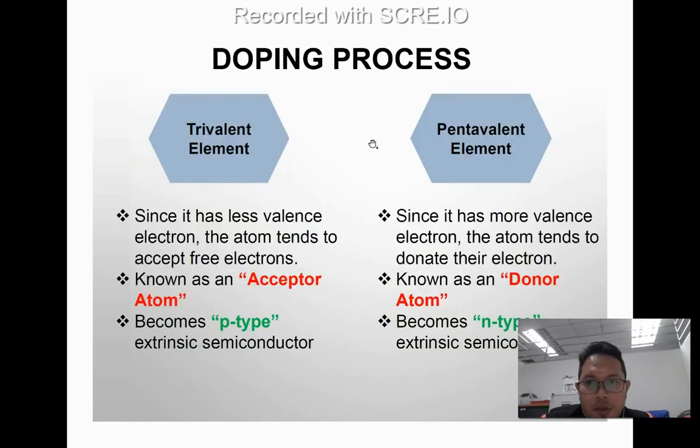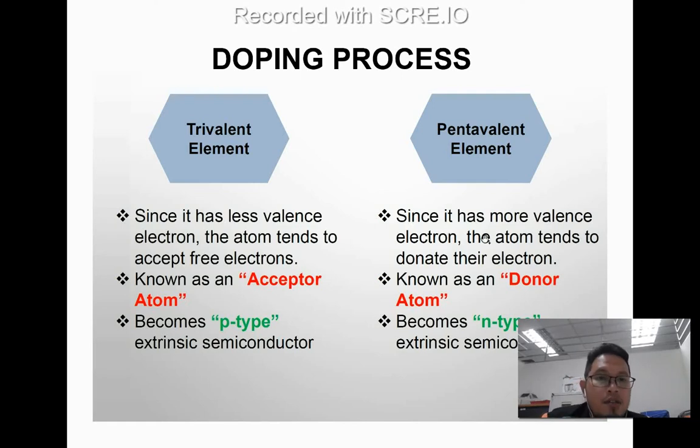Okay, so the doping process. For trivalent elements, it has fewer valence electrons. The atom tends to accept free electrons because it produces holes, right? So a trivalent element is called an acceptor atom. Therefore, it becomes a P-type extrinsic semiconductor.